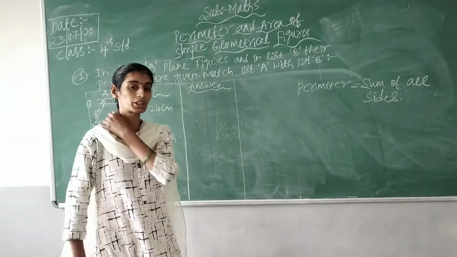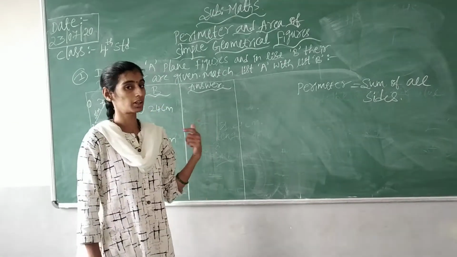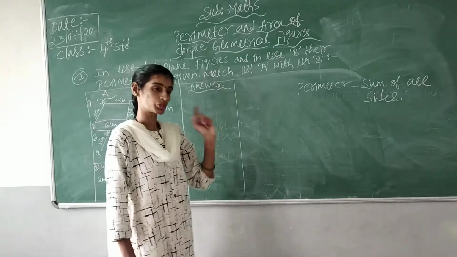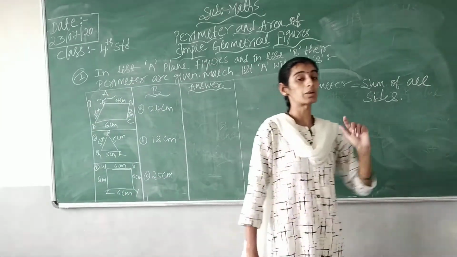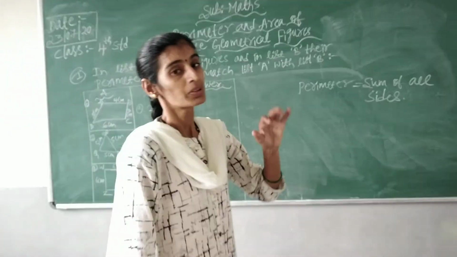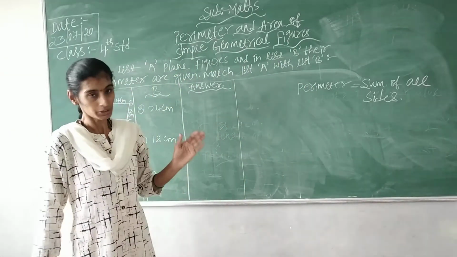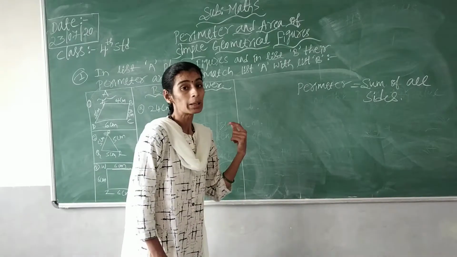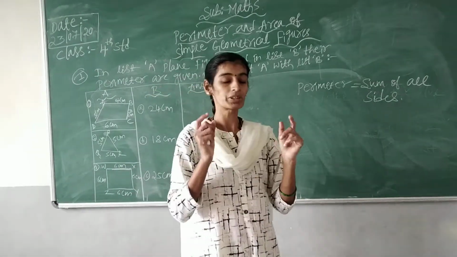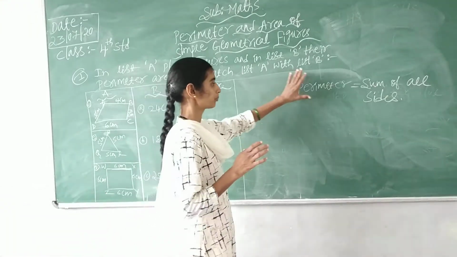So what are the geometrical figures, children? Square, rectangle, triangle, rhombus. These all we call geometrical figures. The sum of all the sides we call the perimeter. In our last class we discussed how to find the perimeter, means how to find the sum of all sides.